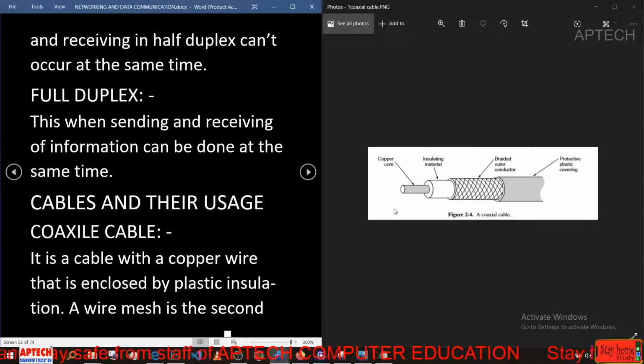When these cables came out, this is how they looked on the inside. They had the copper core inside, an insulating material, and a braided outer conductor, plus a plastic protective covering.